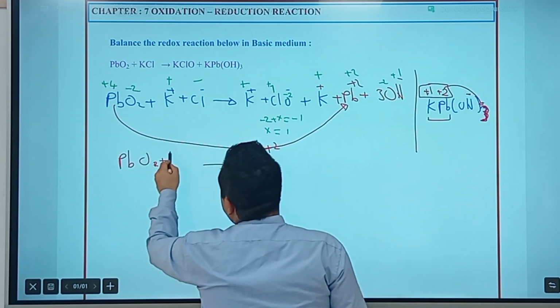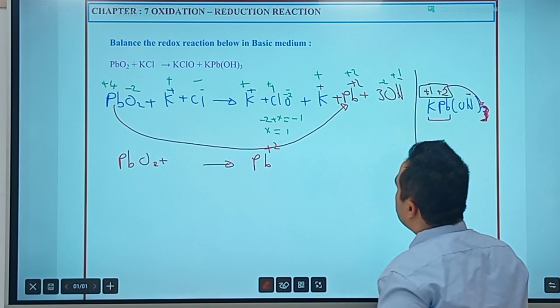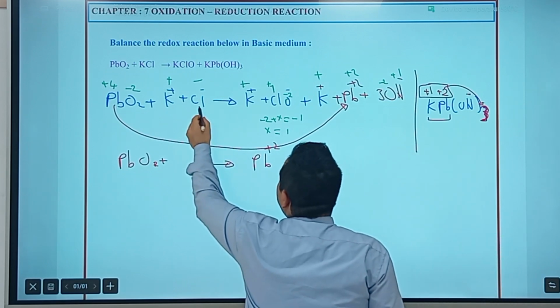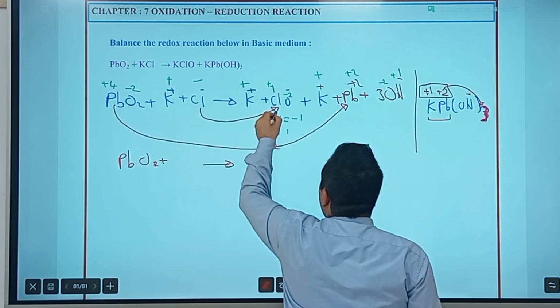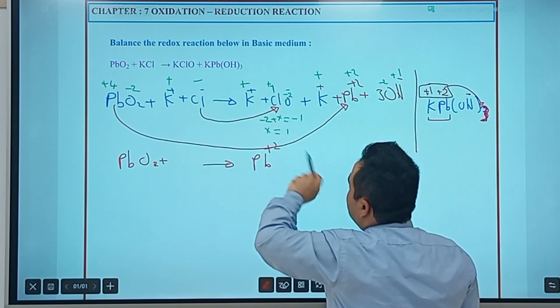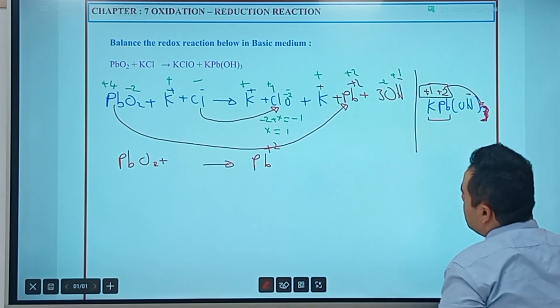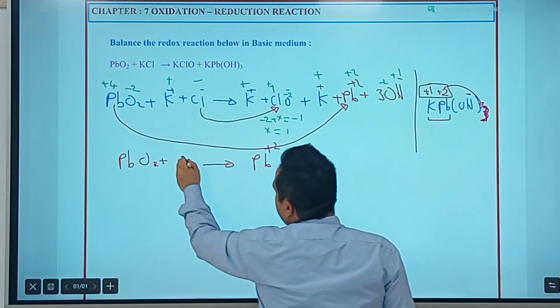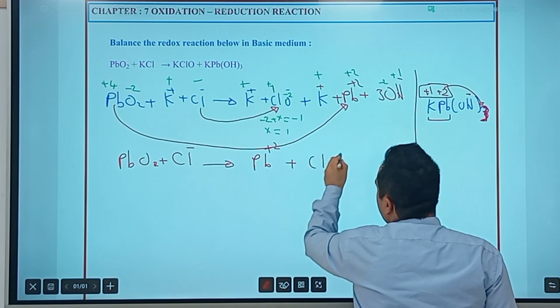This is the reduction half. How about the oxidation half, guys? Cl negative goes to ClO negative, which is from -1 to +1. So write down: Cl negative goes to ClO negative.